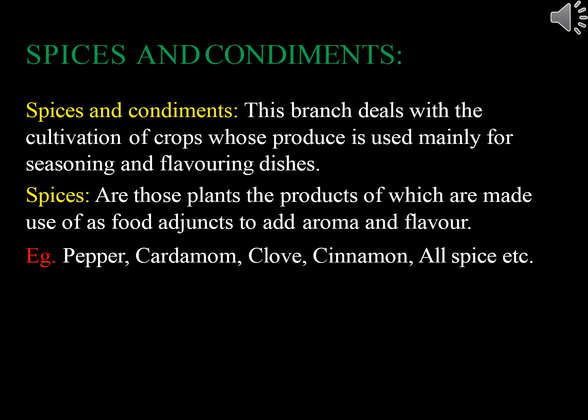Spices and condiments. This branch deals with the cultivation of crops whose produce is used mainly for seasoning and flavoring dishes. Spices are those plants, the products of which are used as food adjuncts to add aroma and flavor. Examples: pepper, cardamom, clove, cinnamon.